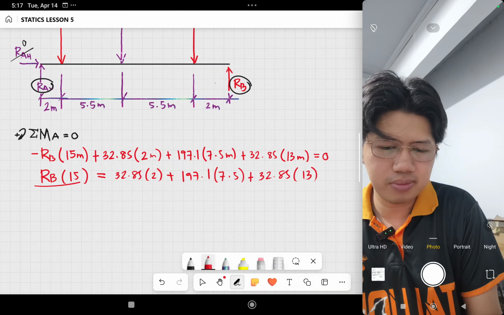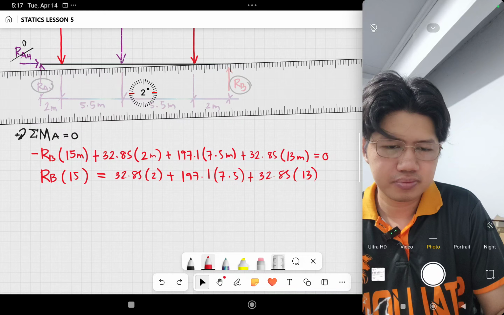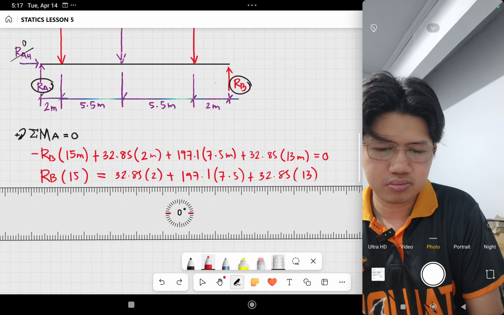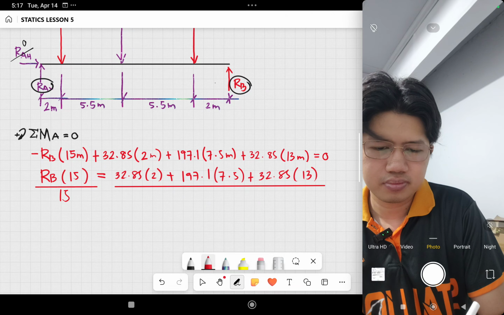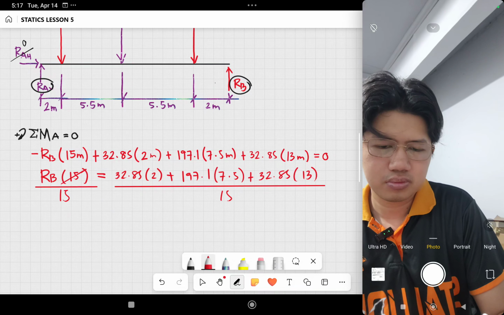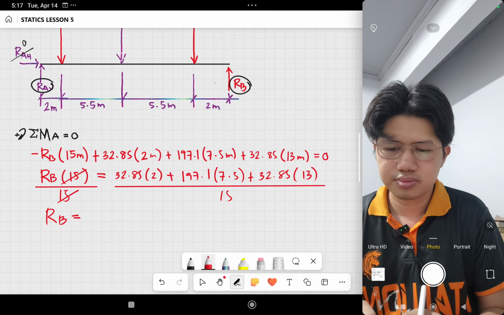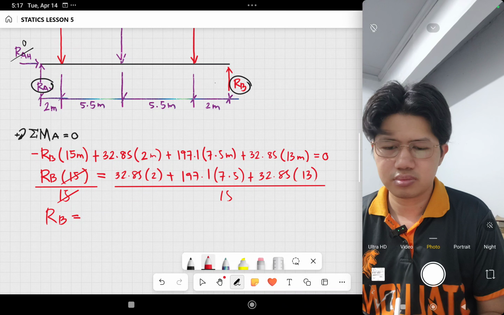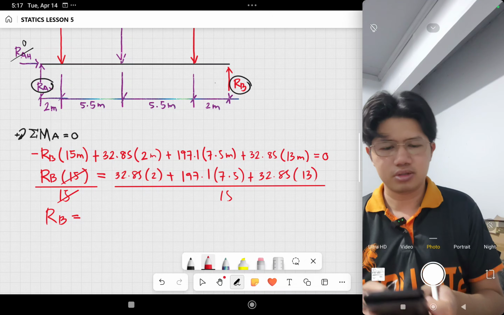So we divide both sides by 15. So RB is equals to, okay, so kinakalculate ko lang. So that is 131.4.